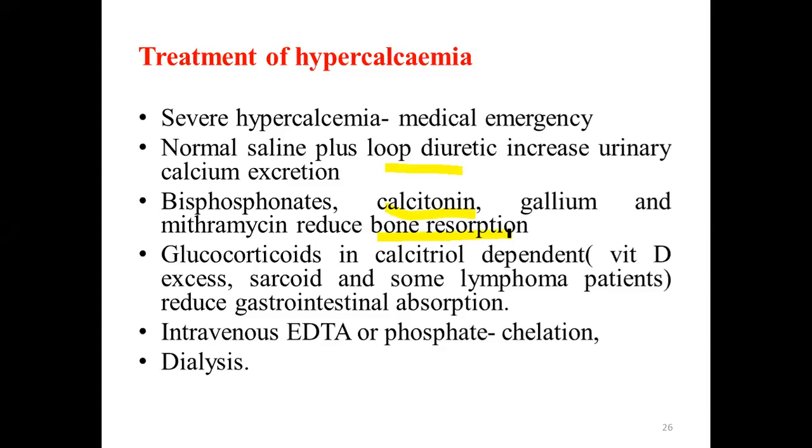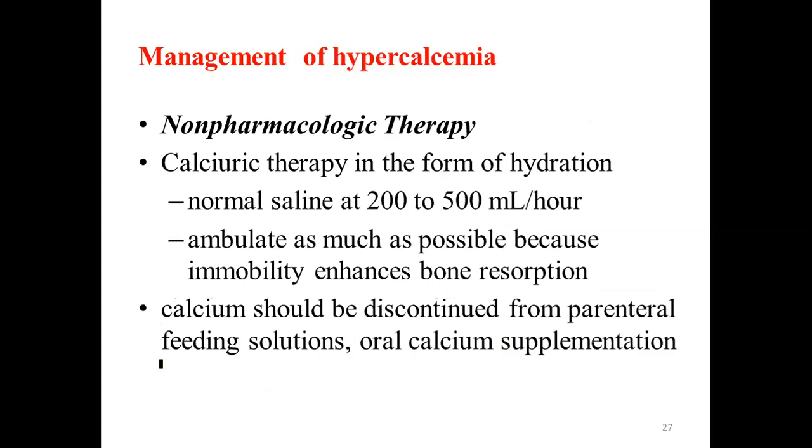Glucocorticoids can even reduce gastrointestinal absorption of calcium, so they can be considered sometimes. Intravenous EDTA or phosphate can be considered so that they can form chelation. In severe forms, dialysis can be considered to remove the excessive calcium in the serum.